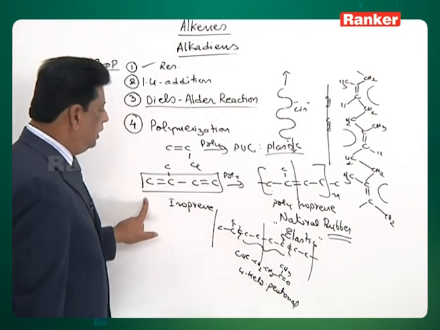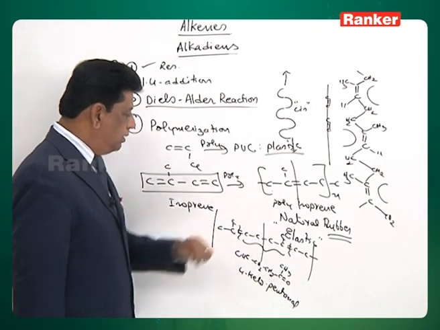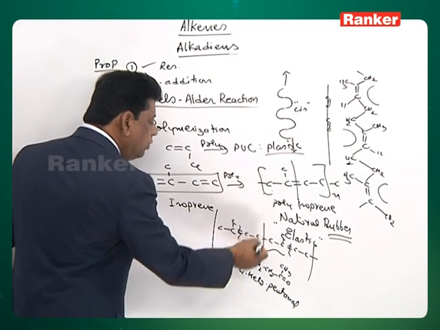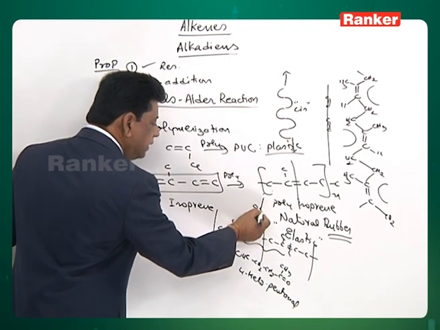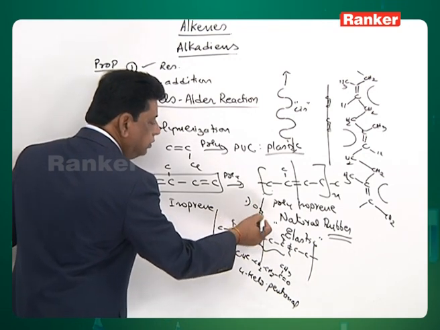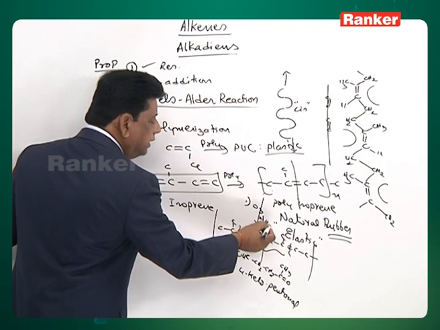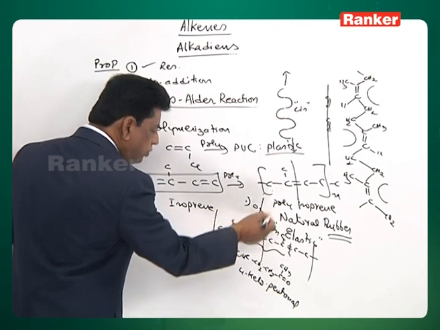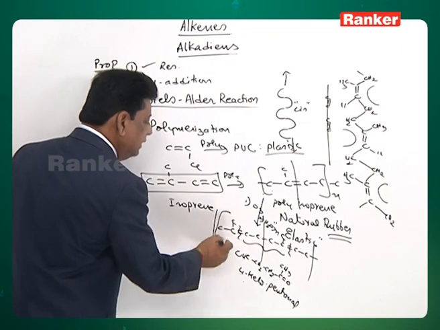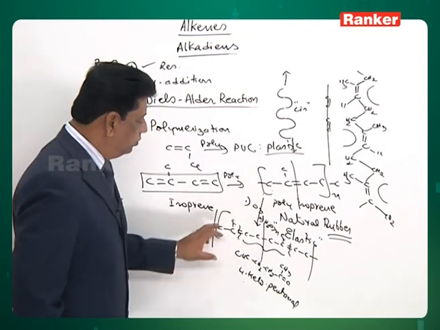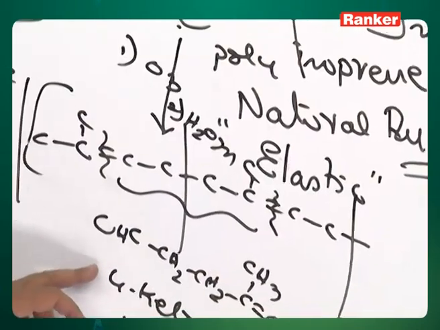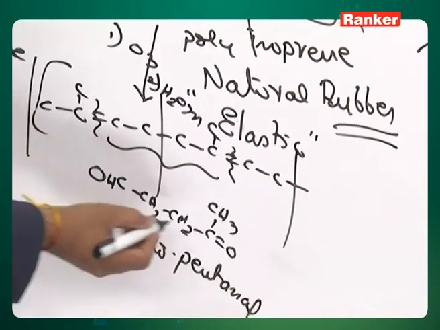So, isoprene on polymerization gives natural rubber, which on ozonolysis, this is called ozonolysis, isn't it? First ozone treatment, then second water in presence of zinc. If I do, you will get this type of answer. This is to show that I have taken the double unit two times, but the main answer is an aldehyde on one side and a ketone on the other side.